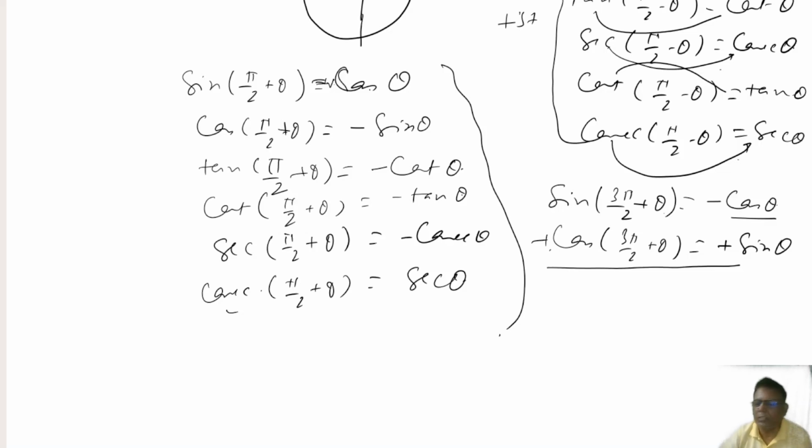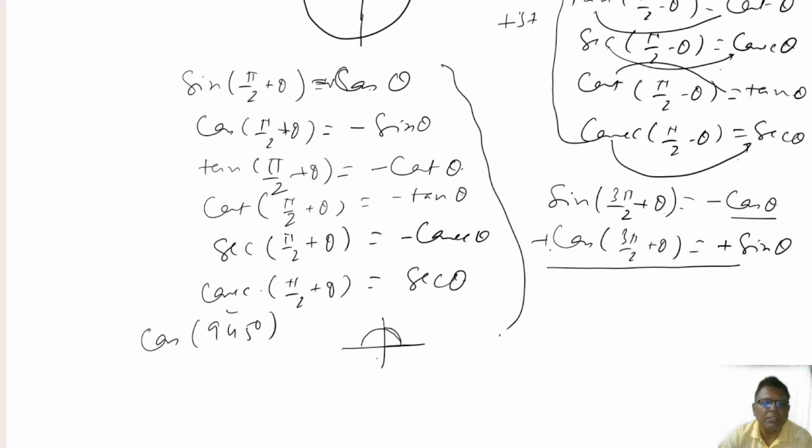Suppose we want to know what is cos 945 degree. So how will we know? Here the positive angle is measured from the positive x-axis.